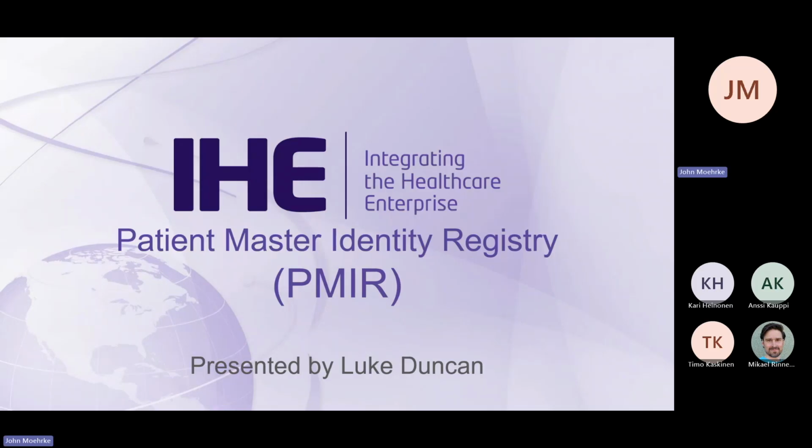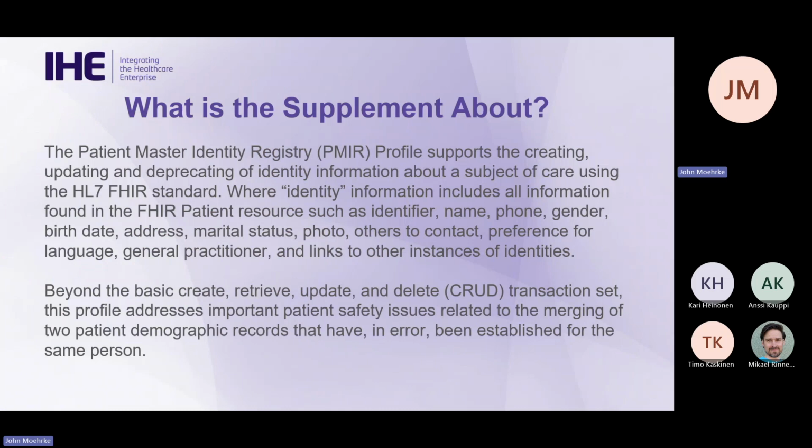PMIR, like I said, is different than the other ones in that patient master identity registry is setting up a use case of an environment that has a need to have a patient identity registry. So it's not just a cross-reference, it's actually the registry of what is the current known demographics for this patient and what is the identity that everyone will use.